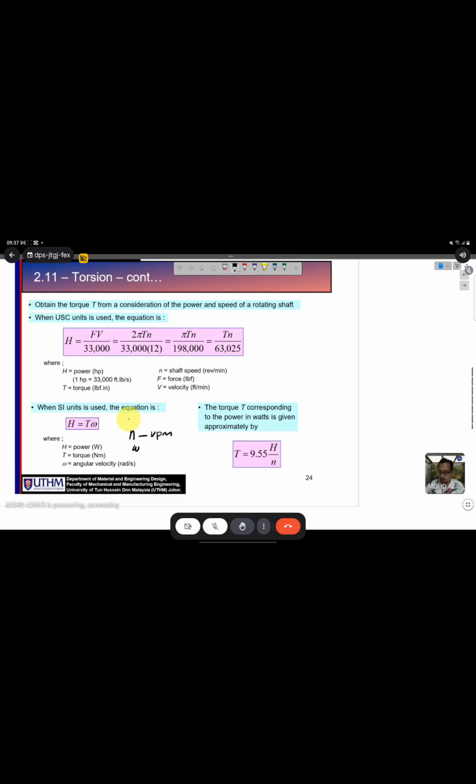In mechanics of machines, the equation is omega equals 2 pi n over 60, where n is your speed in RPM. Then you can get your torque here.